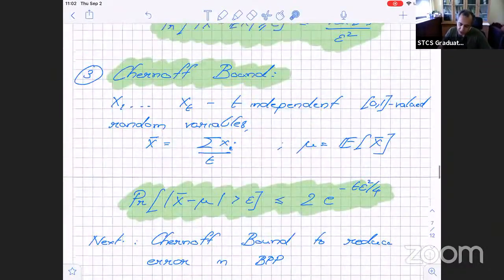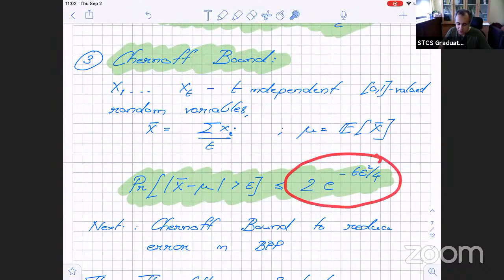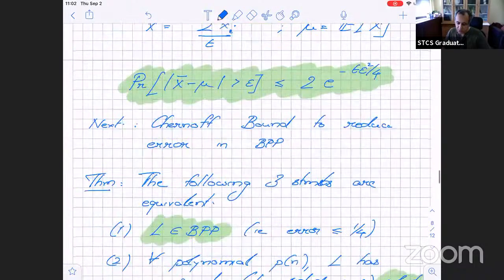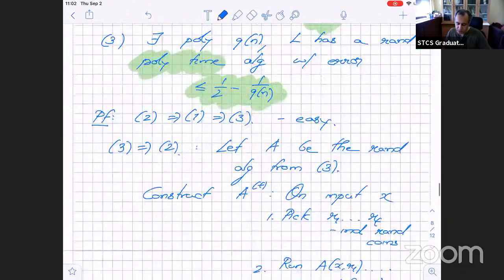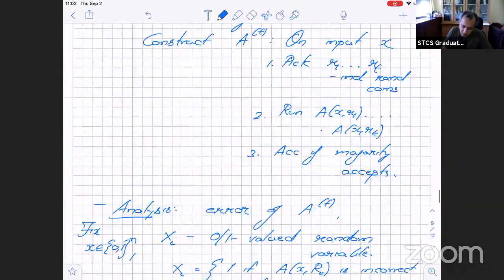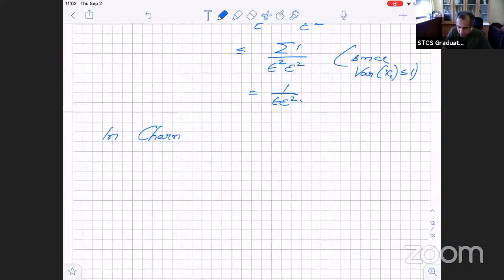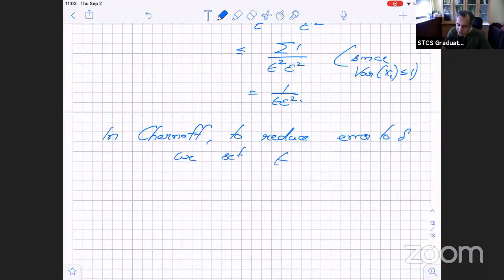If I want to reduce the error to delta, I'll have to choose t to be something like 1 over epsilon squared log 1 over delta. So in Chernoff, to reduce error to delta, we set t to be of order 1 over epsilon squared log 1 over delta.